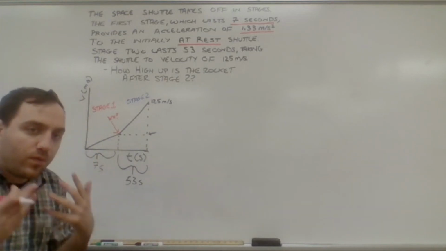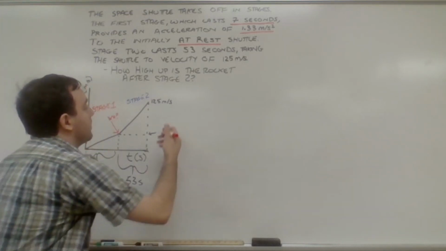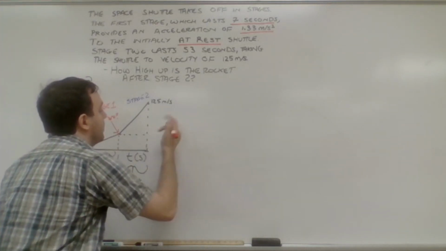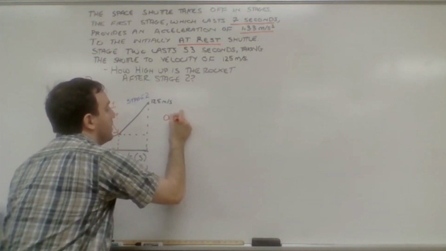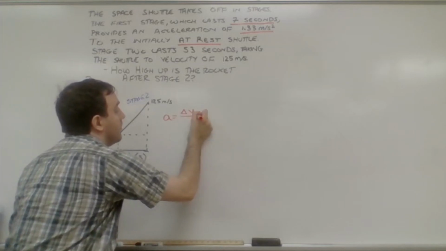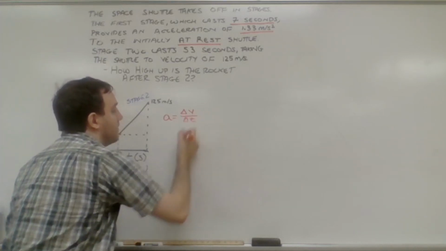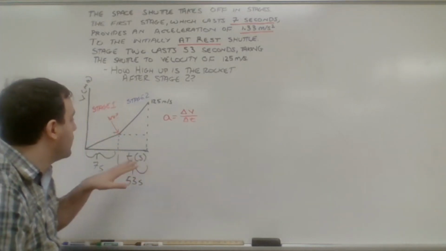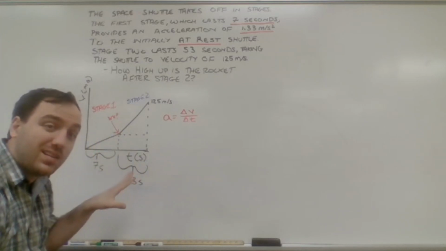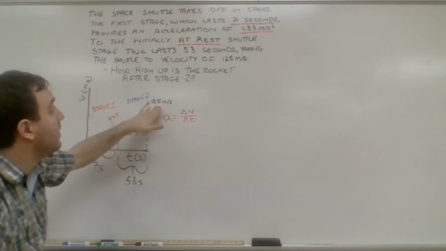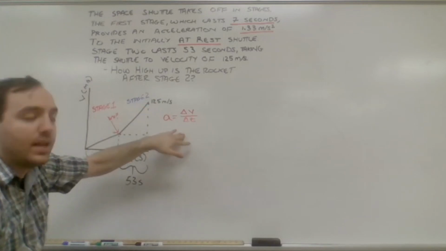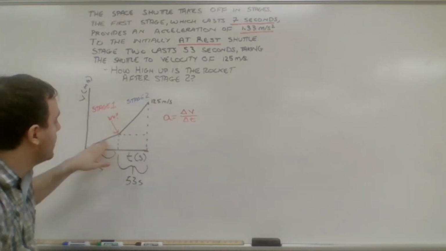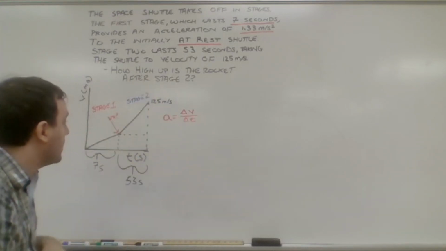We know from definition and from experience that a equals delta v over delta t. In this case, we're talking about stage 1's velocity. I don't care about the 125 currently. All I care about is stage 1. So this entire section isn't particularly helpful.